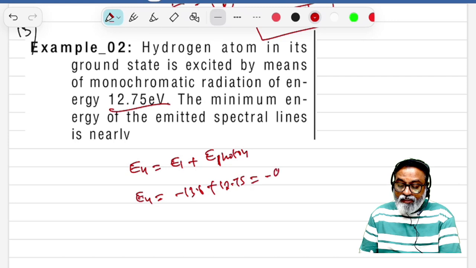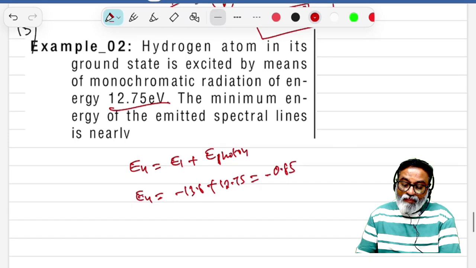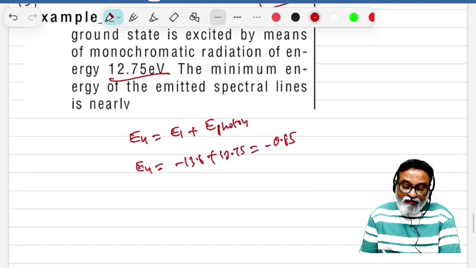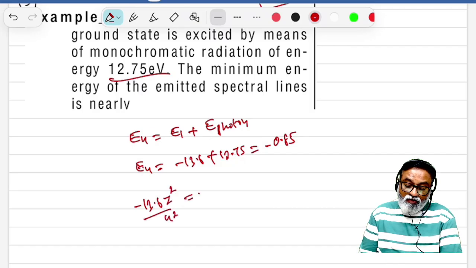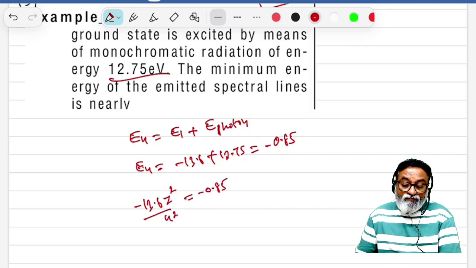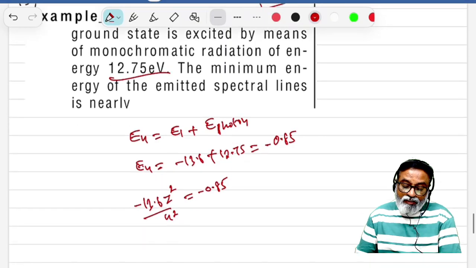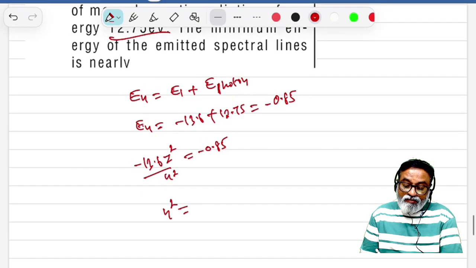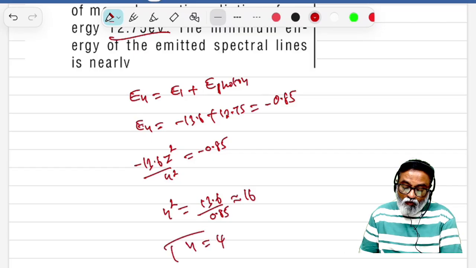This becomes minus 0.85. En is minus 13.6 Z square by N square, that is equal to minus 0.85. It is hydrogen, therefore Z is equal to 1. N square is equal to 13.6 by 0.85, approximately equal to 16. Therefore, N is equal to 4.